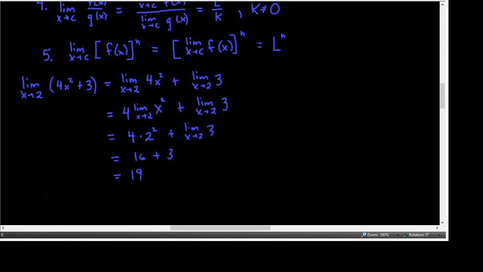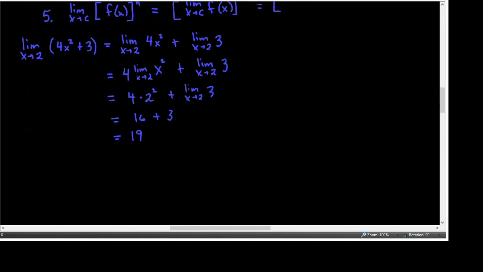If you look at a graph of this function, as x gets closer and closer to 2, the y value gets closer and closer to 19, and so that does make sense. Now, if I have any polynomial function, like 4x squared plus 3 is a polynomial function, every time there's addition or subtraction, I'll split that up into 2 limits.